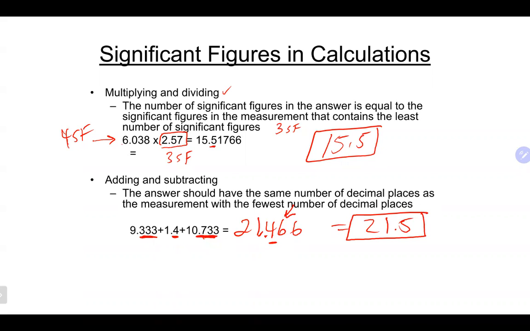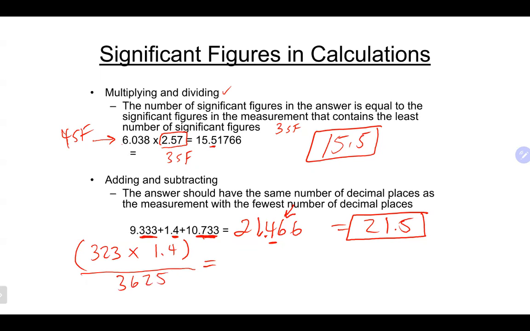Now, sometimes when you are doing calculations, you may be doing multiple steps together, and you really do need to keep track of what you're doing. So for example, if you were doing something like this, 323 times 1.4 divided by 3625.